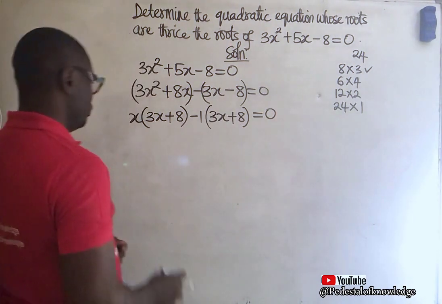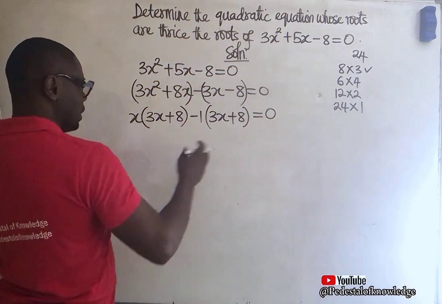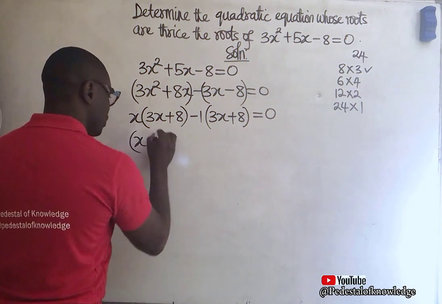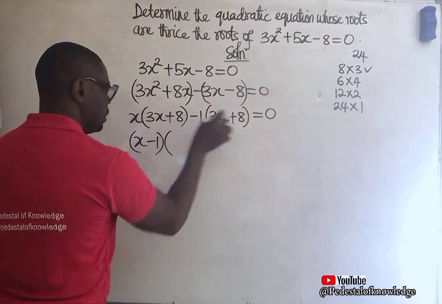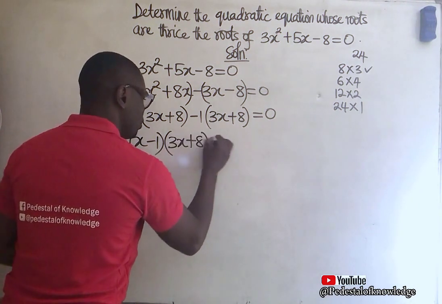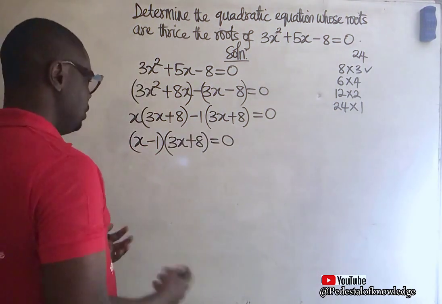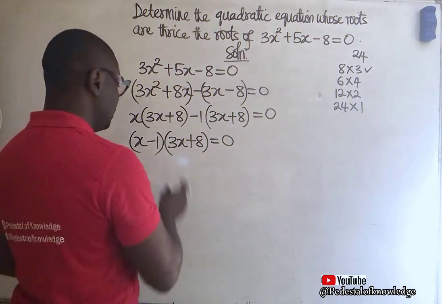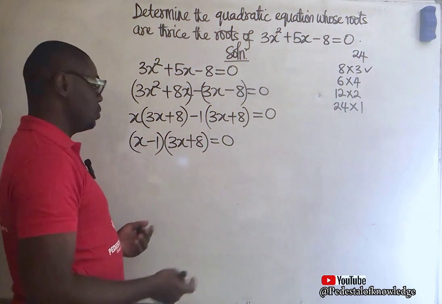Okay, now we collect the factors outside the brackets. Now, we have x minus 1 as one of the factors, and then pick the common terms. That is 3x plus 8 is equal to 0. Now, it is very clear that if the product of two factors is 0, then each of the factors is equal to 0.